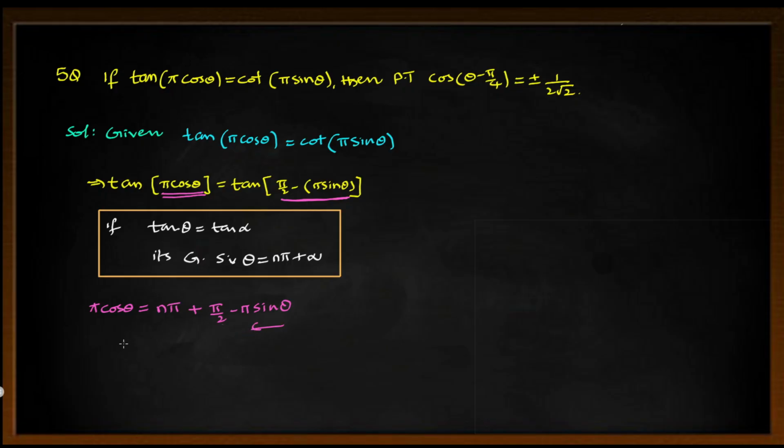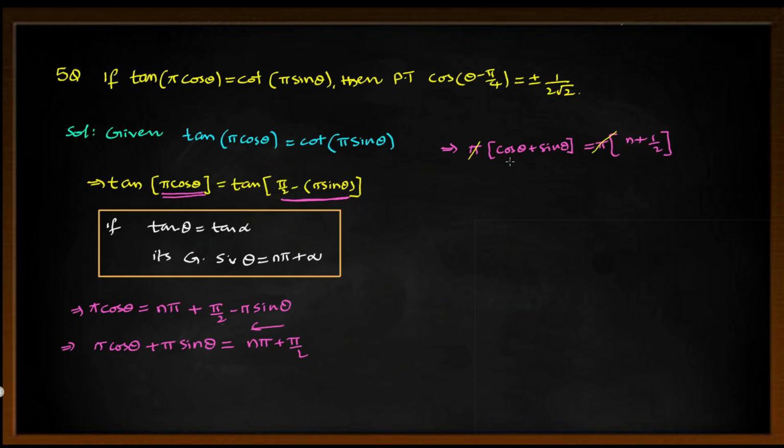So make this one as positive: π cos θ plus π sin θ equals nπ plus π/2. Now we can take π common from both sides. So this will become π(cos θ plus sin θ) equals π(n plus 1/2). Now both sides π get cancelled.